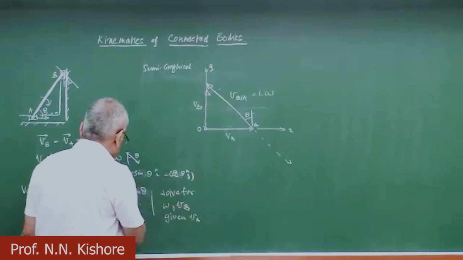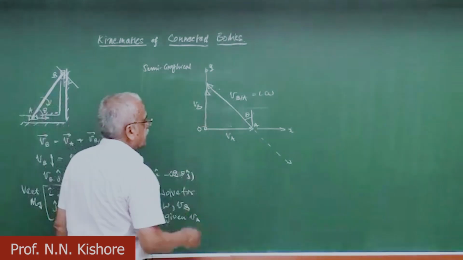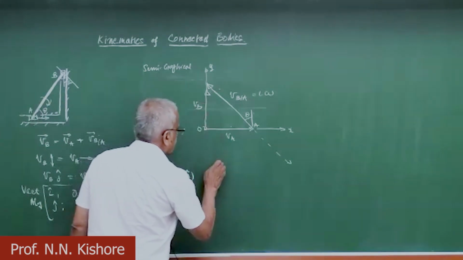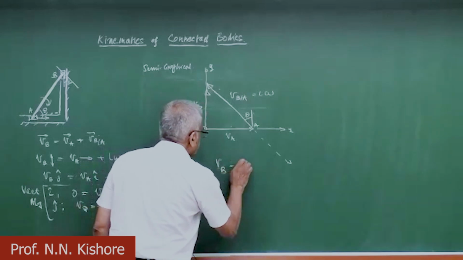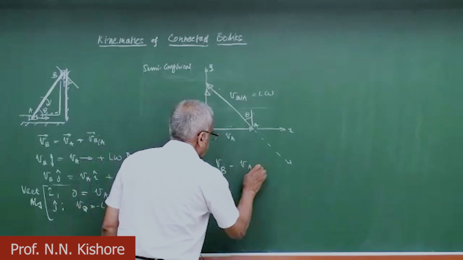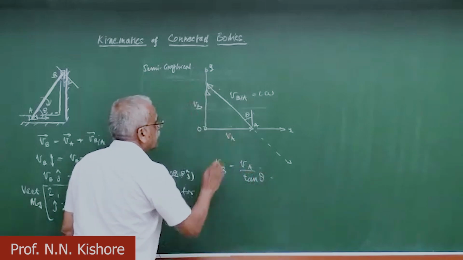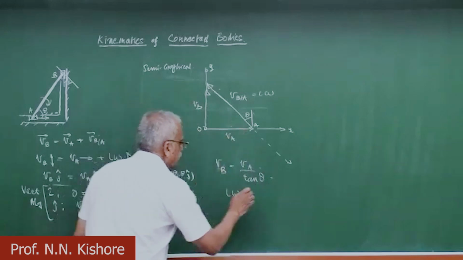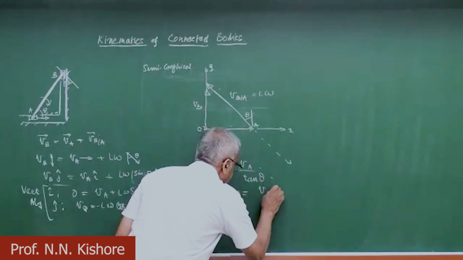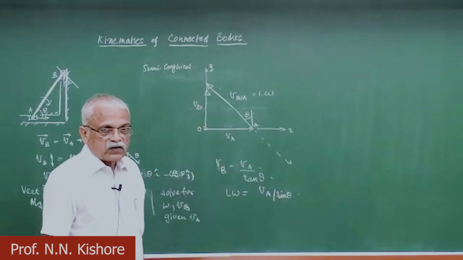So from here, instead of writing this down and solving for that, we can directly write it here. For example, VB here is nothing but BA by tan theta. And L omega here, we can even write, is nothing but BA by sin theta.